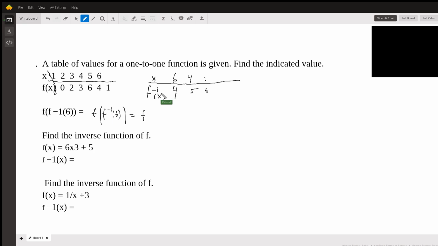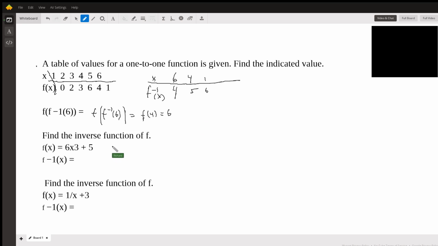Well, you can see when x is 6, f inverse is 4. So this is going to be f of 4. And now if you want to evaluate f of 4, you come back here and you can see that f of 4 is equal to 6. And that's the way to do the first one.